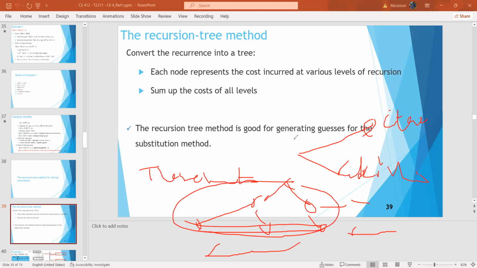And the other method is the master theorem. In this theorem we have three possibilities. We will discuss them, inshallah, later.